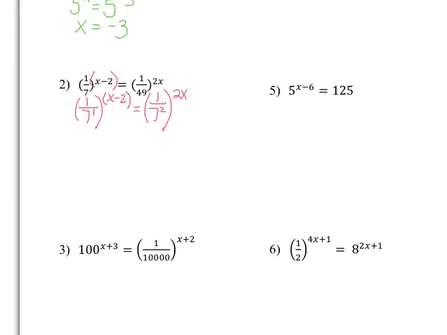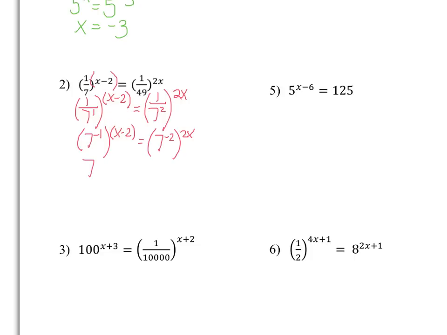Well, 1 over 7 to the first is just 7 to the negative first to the power of x minus 2. And 1 over 7 squared is 7 to the negative second power to the 2x power. Because I've got an expression here, I need to distribute this negative 1 to both terms.